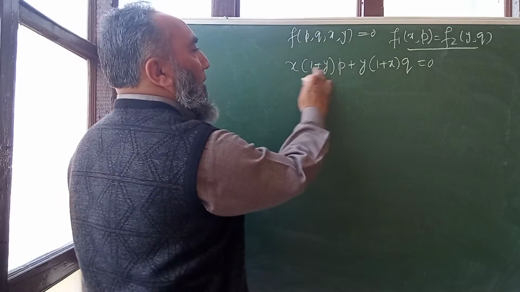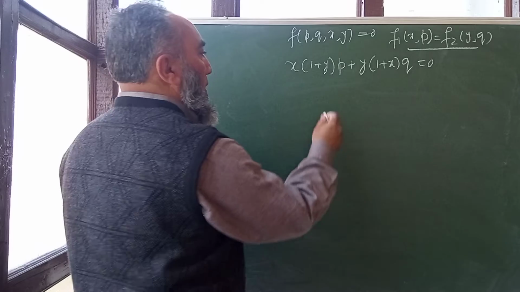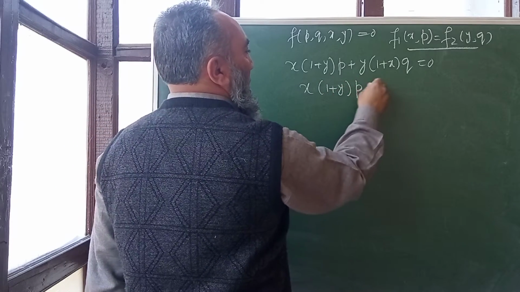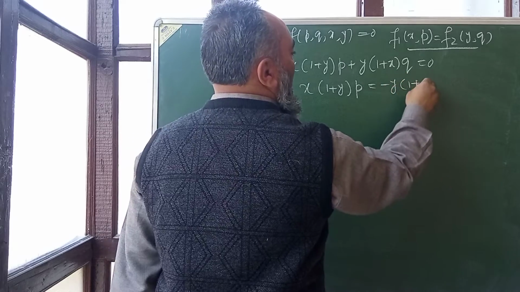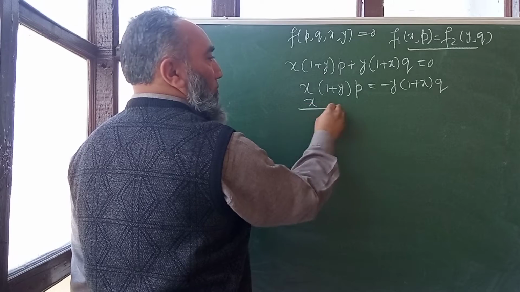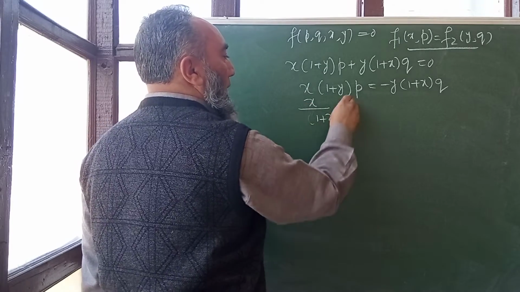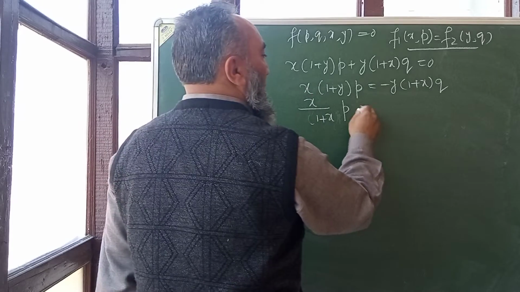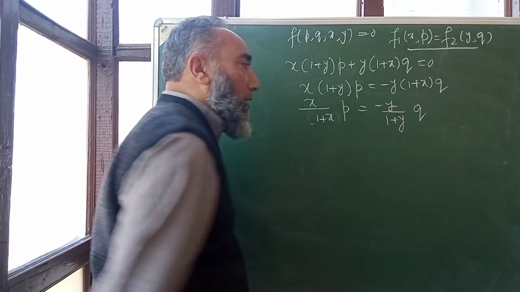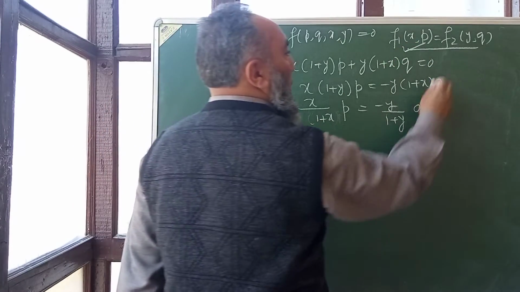See this, you have x, y, p, q; no z is present. So let me write it in this form: keep x and p on one side and y and q on the other side. So this is f1(x, p) = f2(y, q).